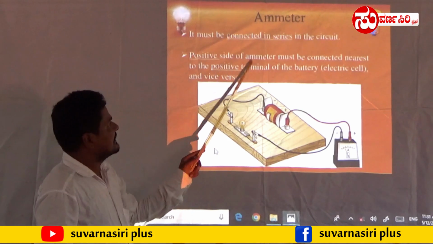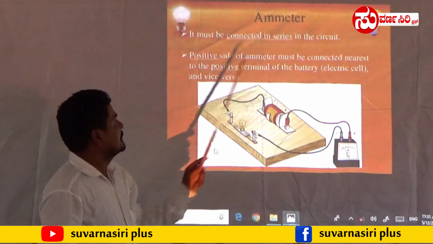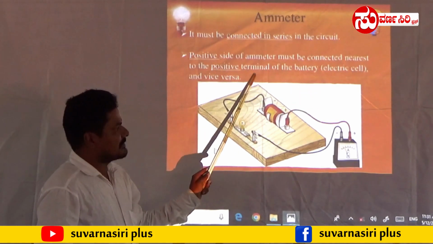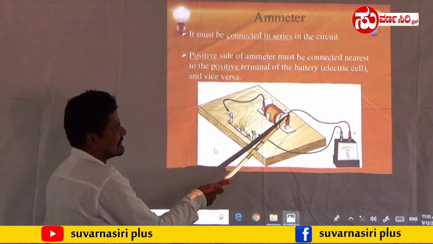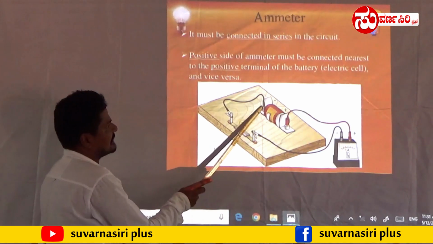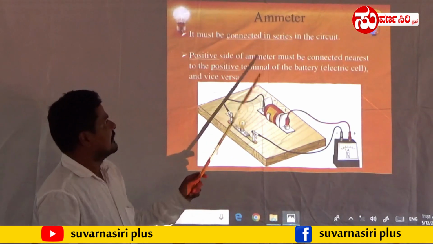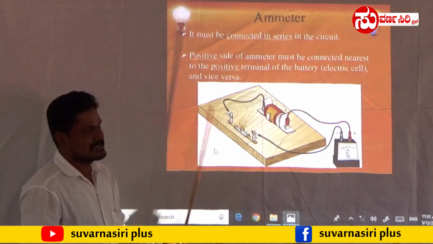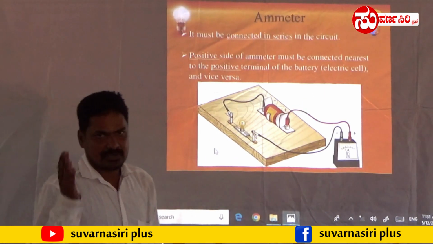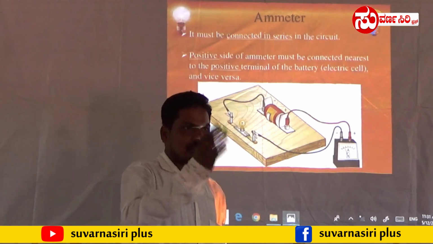The positive side of the ammeter must be connected nearest to the positive terminal. Just see here, positive is connected to positive and negative is connected to negative, the terminals of the battery or electric cells.